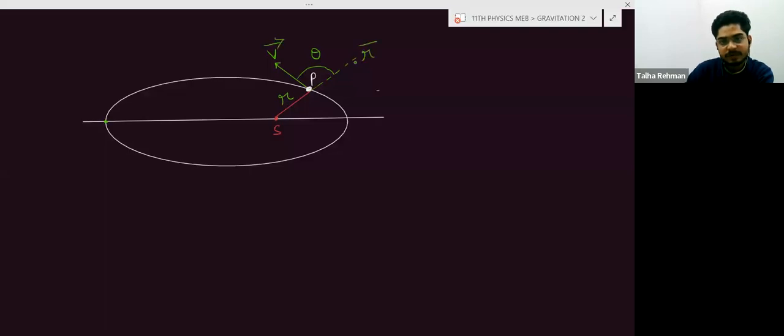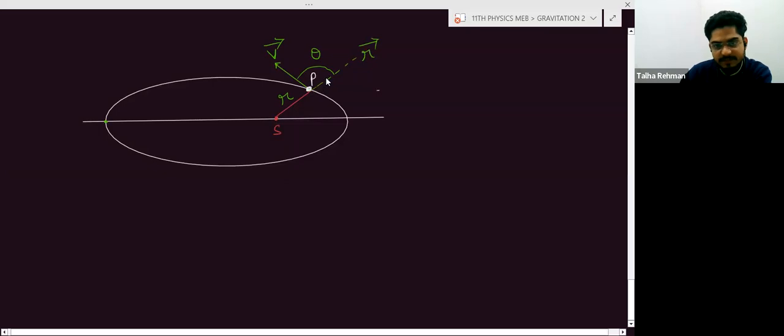This is the r vector. When you extend it, this is basically the r vector. So the angle between the r vector and the velocity vector is theta. This is not 90 degrees, this is theta.